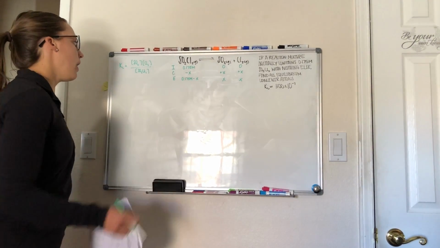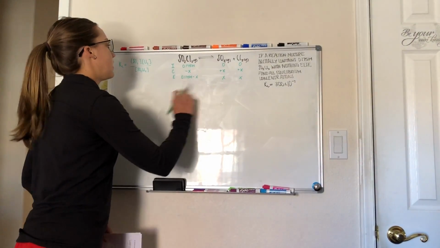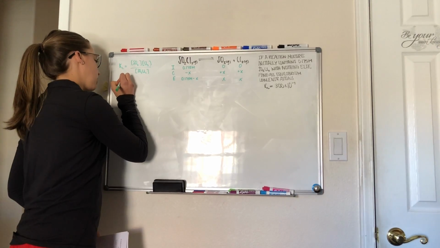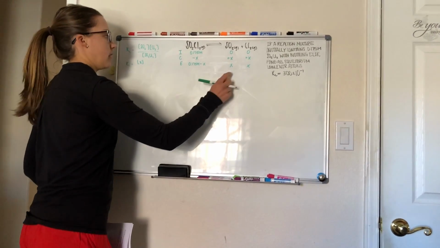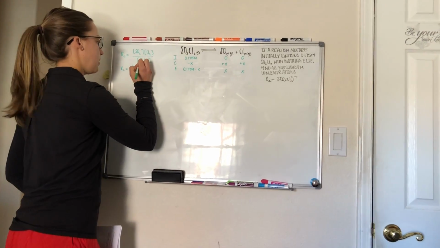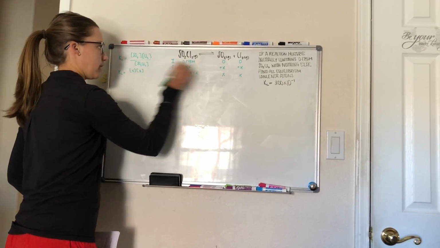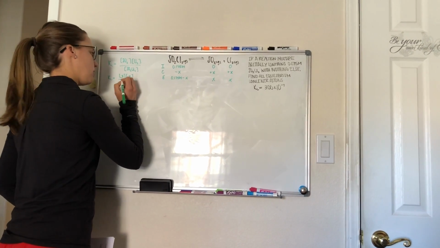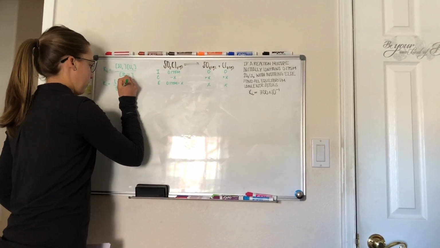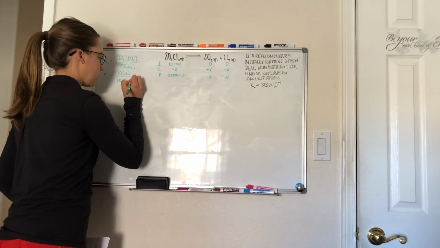So now what we can do is plug in our concentrations at equilibrium into this equation that we have right here. So that's going to be x, because that's what SO2 is. Also x again, because that's what Cl2 is, over concentration of SO2Cl2, which is going to be 0.175 minus x.